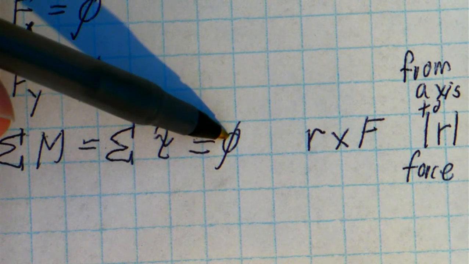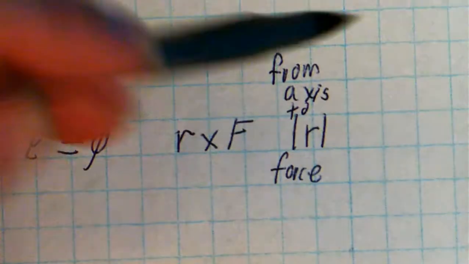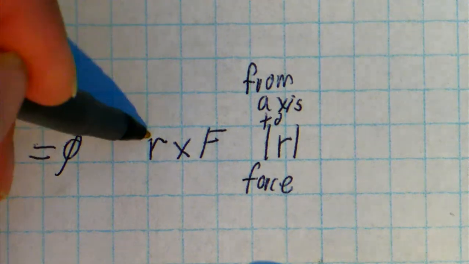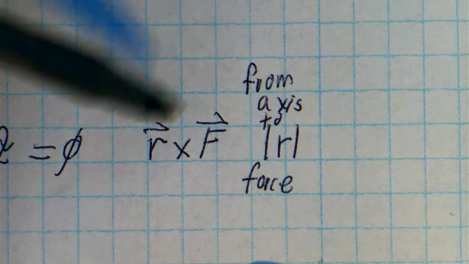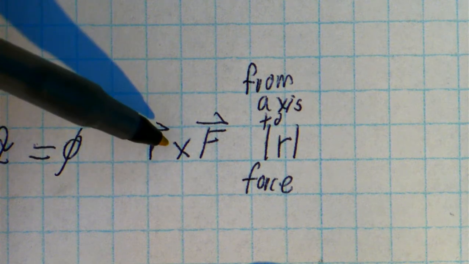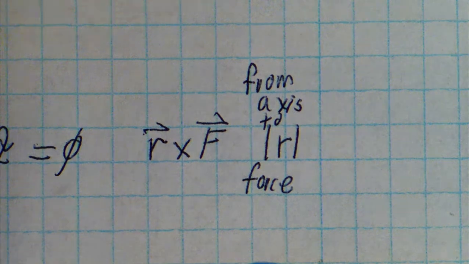And to calculate the moment or the torque, the formula is a cross product of 2 vectors. The first vector, r, and order does matter because the commutative property of multiplication does not apply for vectors.